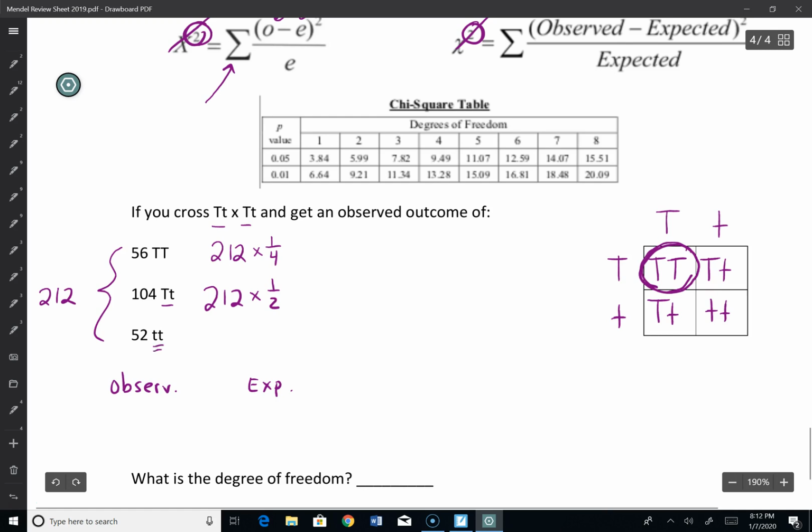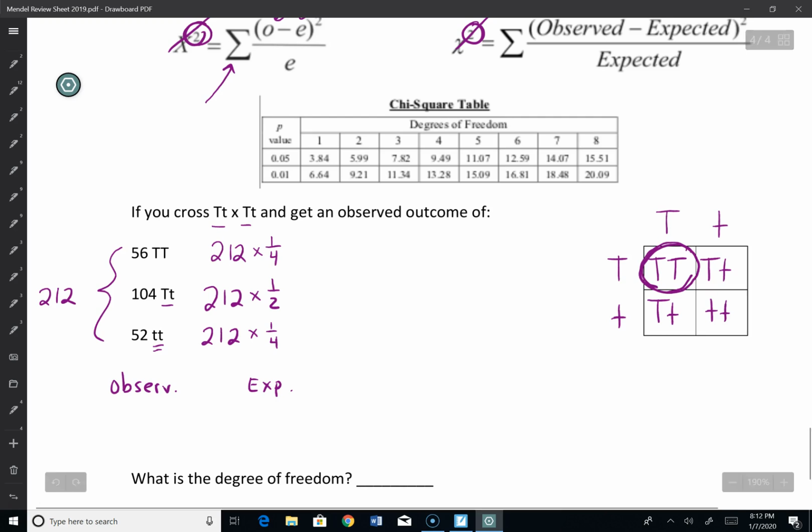And my lowercase is also going to happen a quarter of the time, so I take my 212 and multiply it by a quarter. Now, those of you that are savvy with math, you know that multiplying by a quarter is the same as dividing by 4.